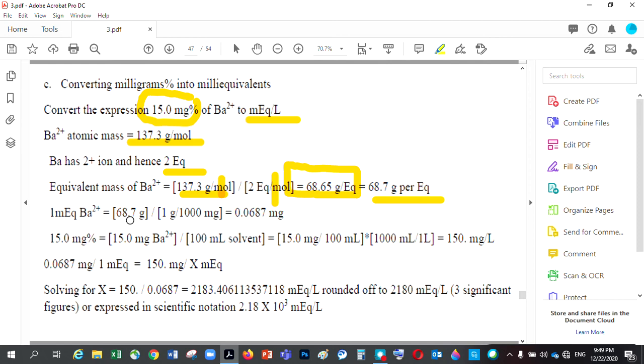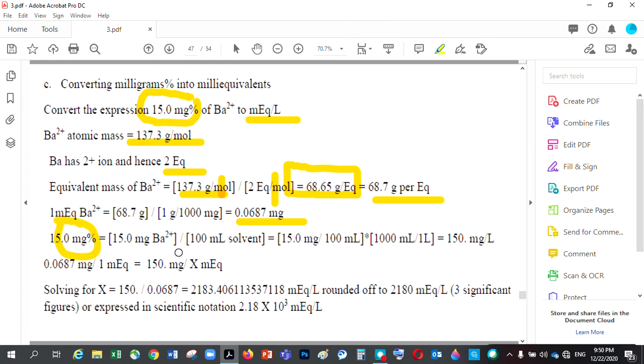So the gram will be converted into milligram. You multiply it by 1000 to get how many milligrams, correct?